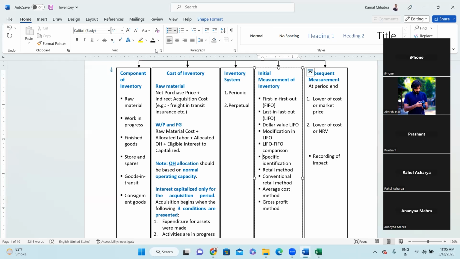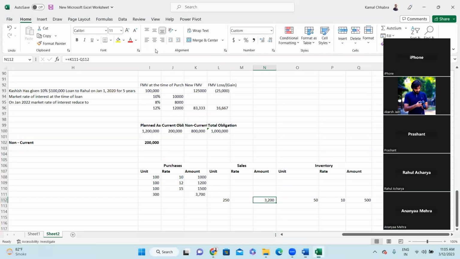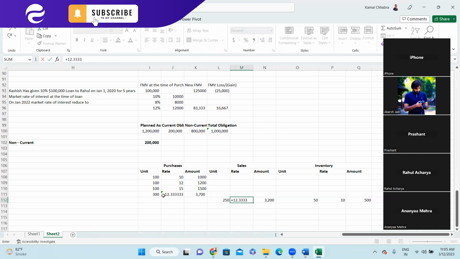Then average cost method is more or less, like on this example, you can also do average cost. For example, for this 3,700 is the total cost divided by 300. So this is your average cost coming out 12.33. So for 250 which you have sold, 12.33, something like this.